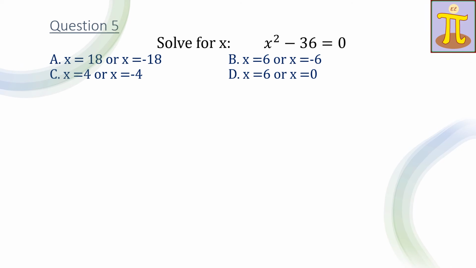Question 5. Solve for x. So we have x squared minus 36 equals 0. Let's review a formula: a squared minus b squared is equal to a minus b times a plus b.